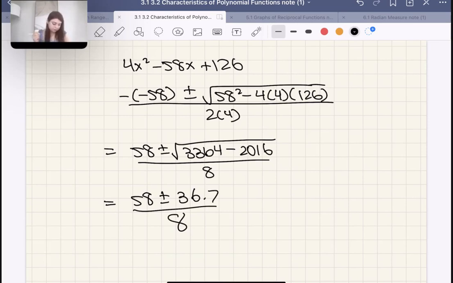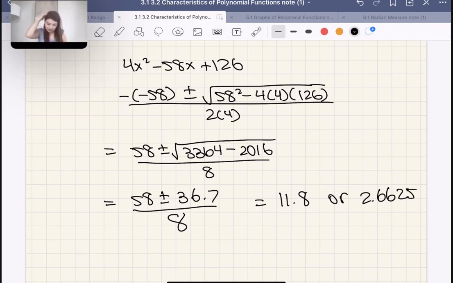Now, what's the trouble with this answer? Well, let's do plus first. If this is 58 plus 36.7 divided by 8, that would get us 11.8. Or what's our other answer if we subtract? 58 minus 36.7 is equal to 21.3, and then we divide that by 8, and we get 2.6625.